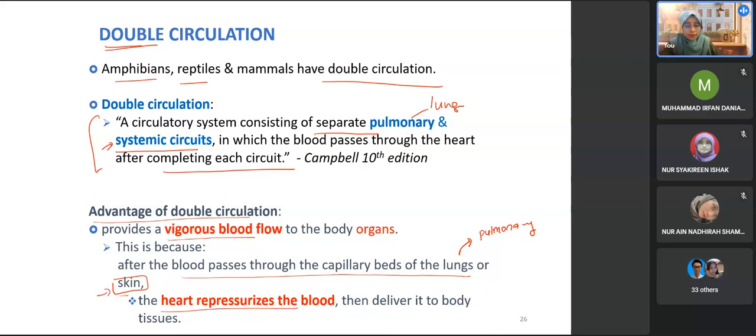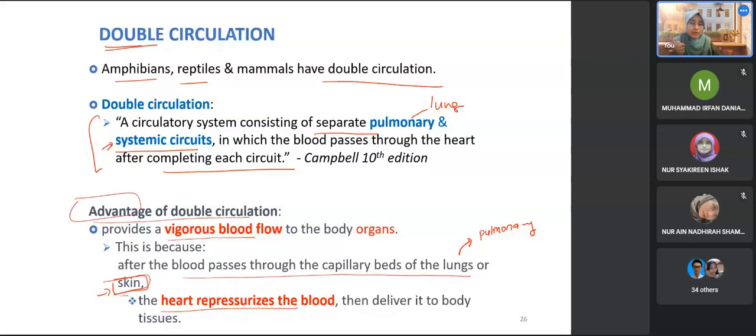Frogs depend on the skin and also lungs for gaseous exchange, so this one we call the pulmocutaneous circuit, to the lung and to the skin for gaseous exchange. That is the advantage of double circulation.